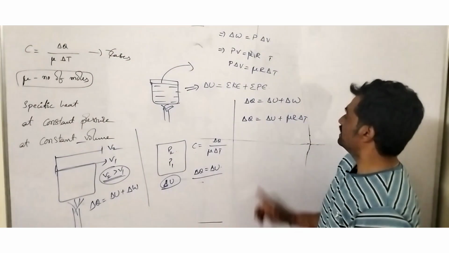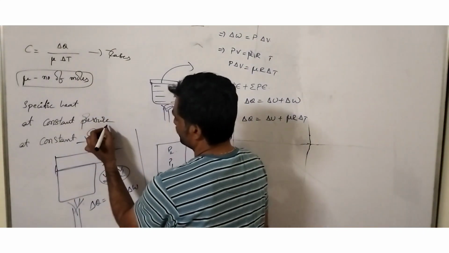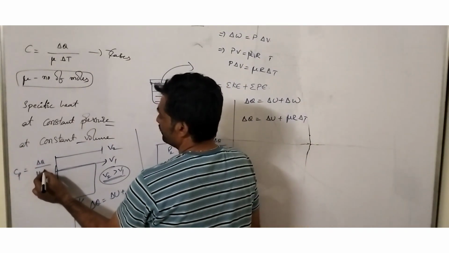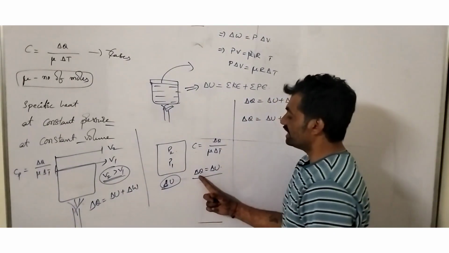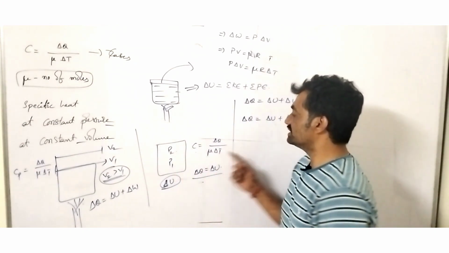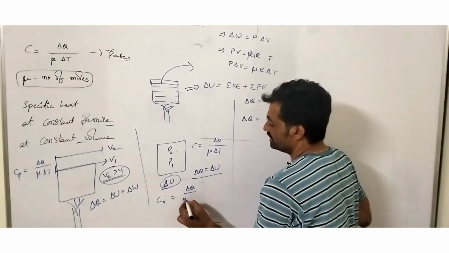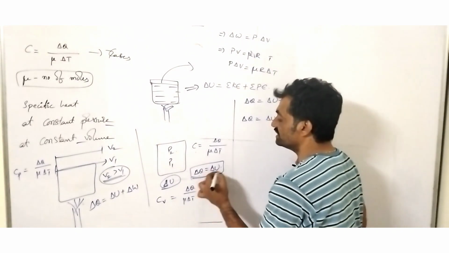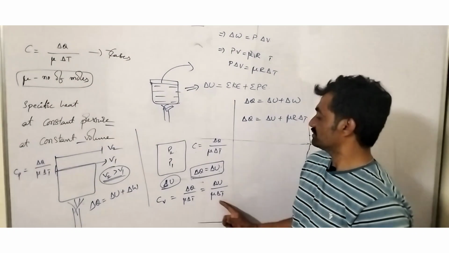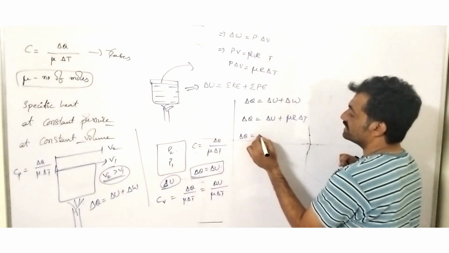So here let us observe this. When we consider the specific heat expression, the specific heat at constant pressure is represented as C suffix P equals delta Q by mu into delta T. Similarly, at constant volume, the pressure changes, and the specific heat at constant volume is given as delta Q by mu into delta T, or since delta Q has been considered as delta U, we can represent it as delta U by mu into delta T. Now we take mu into delta T as common.